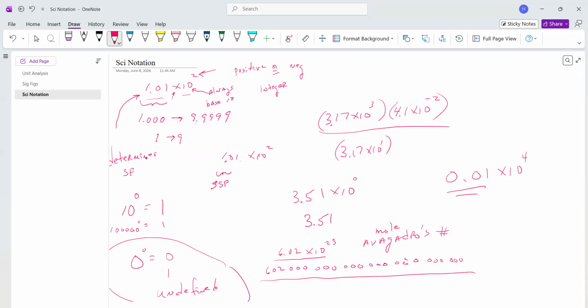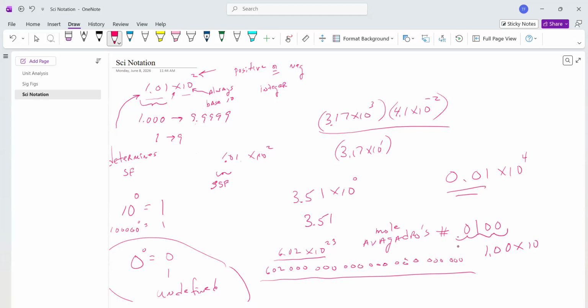So to convert this, we'd have 1 in 4 places to the right. 1, 2, 3, 4. So it's going to be 1 times 10 to the square. Excuse me, not squared. 1, 2, 3, 4, yeah.